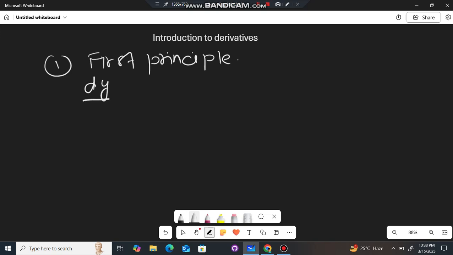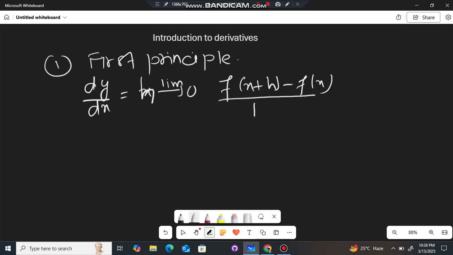To differentiate dy by dx, if h tends to limit 0, then (f(x plus h) minus f(x)) by h will be our first derivative, where the value of h is a small increment in x.